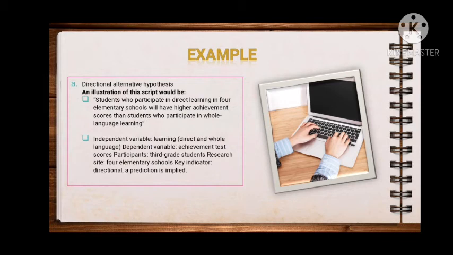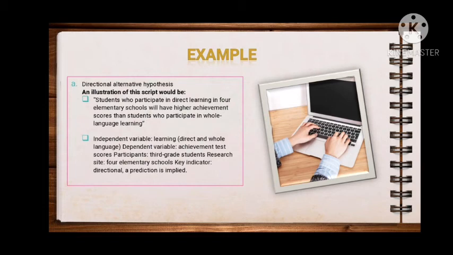You must identify the independent variable, learning, direct and whole language, and the dependent variable, achievement test score. Participants, third grade students. Research site, elementary school. Key indicator, a directional prediction is employed.